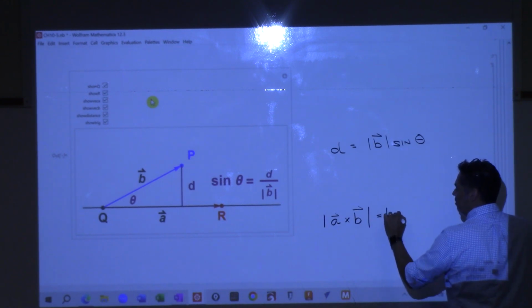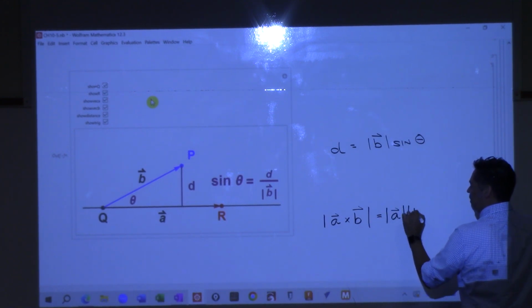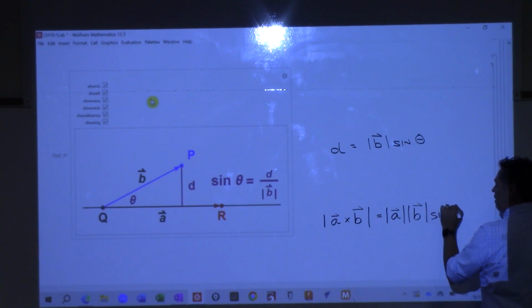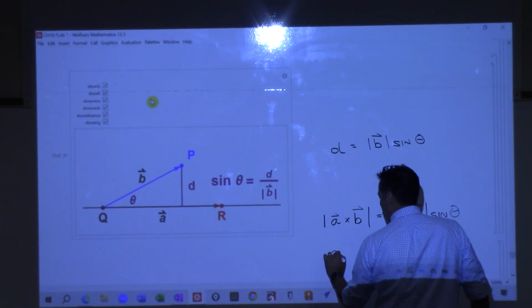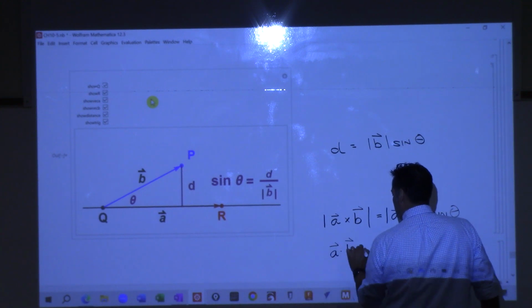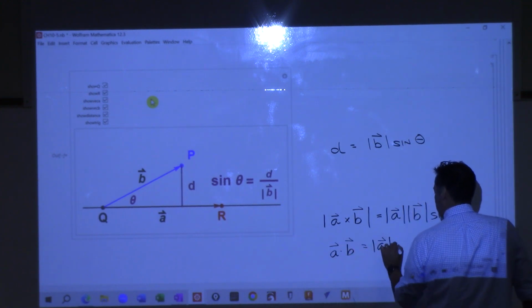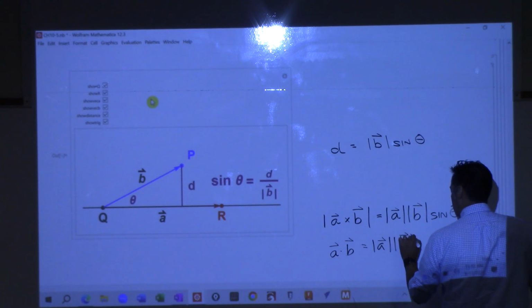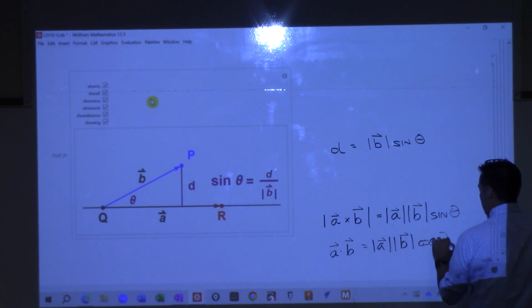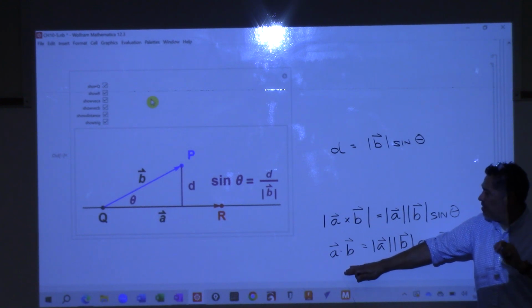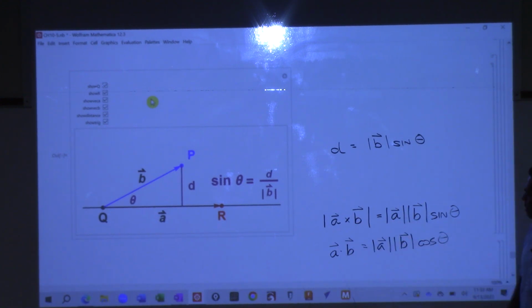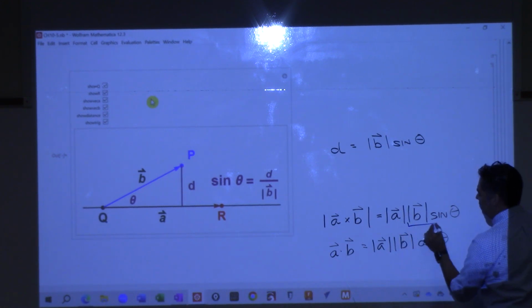It was magnitude of A, magnitude of B, sine of the angle between. You're thinking dot product. Don't confuse it with this one. The dot product of two vectors is the magnitude of the first one, magnitude of the second one, and then cosine of the angle between them. That was one of the really important formulas. And then we got this one. Do y'all see that this is this piece right here?